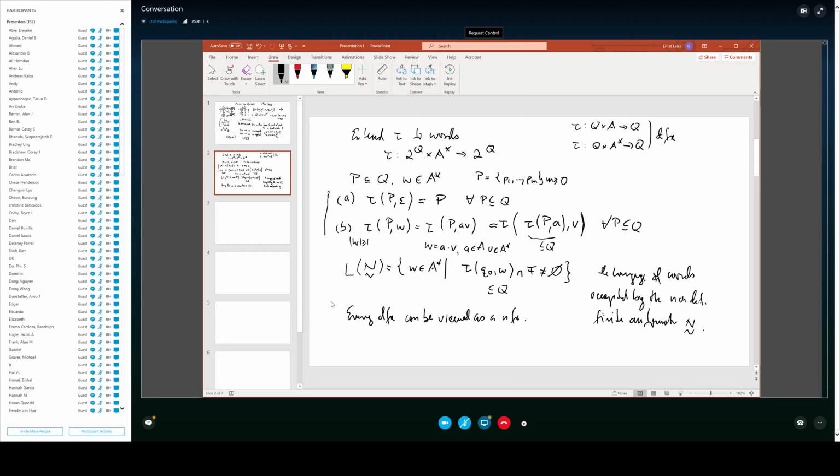So we've established that every DFA can be viewed as an NFA, so every language that can be defined using a DFA can obviously also be defined by using an NFA. Now, what about the converse?